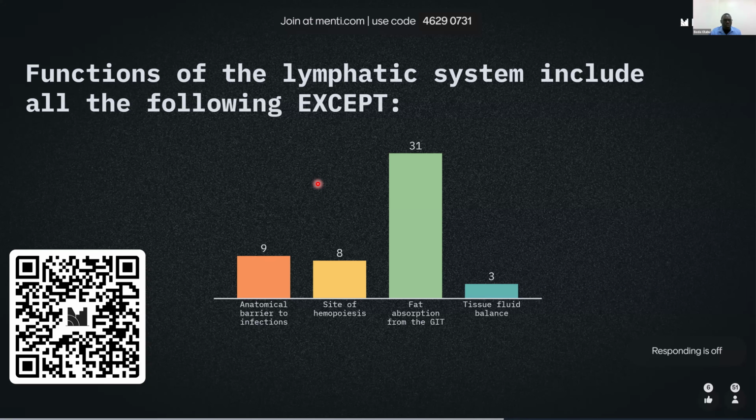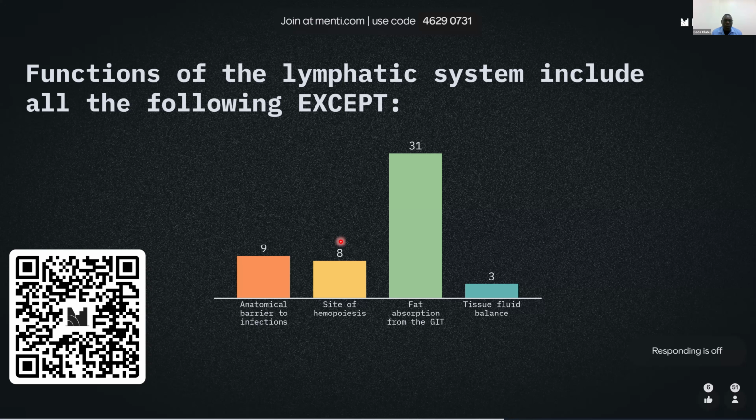So the 9 of you are the ones who have gotten that question right. Anatomical barriers to infections cannot be a role of the lymphatic system. Site of hemopoiesis is actually a role of the lymphatic system. We know that hemopoiesis is the formation of blood, and we know that blood is formed within the bone marrow.